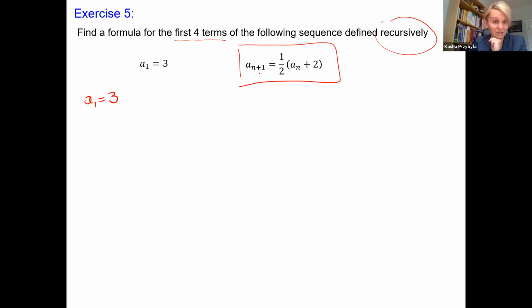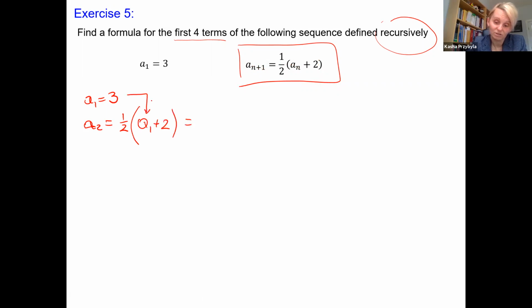A sub n plus 1 is defined as a half of the term 1 in front, which means if I am looking for the second term, this will be the first one. If I am looking for the 4th term, this will be the 3rd one, and plus 2. That means the second term is 1/2 of the first term plus 2.